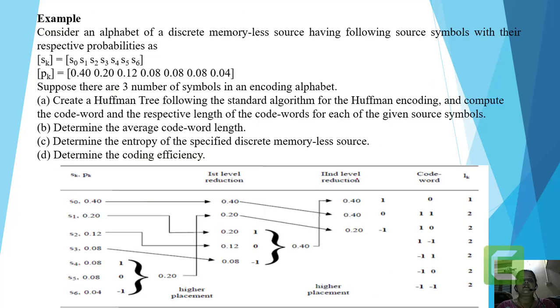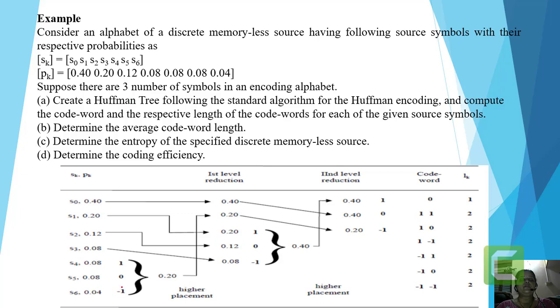So let's take this example, where now the m value is 3 and we are having the symbols from S0 to S6. First step, arrangement of the given symbols in decreasing order of probability. Now as m is 3, the lower 3 symbols we have to consider.